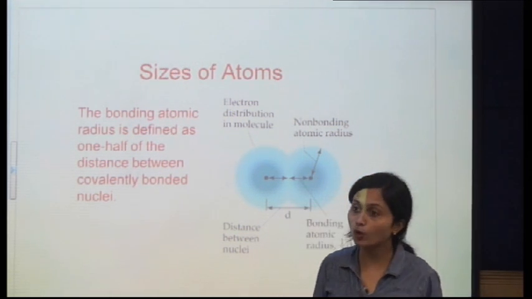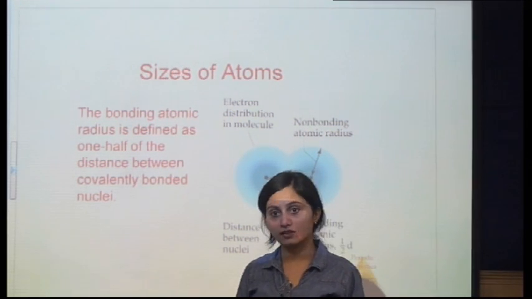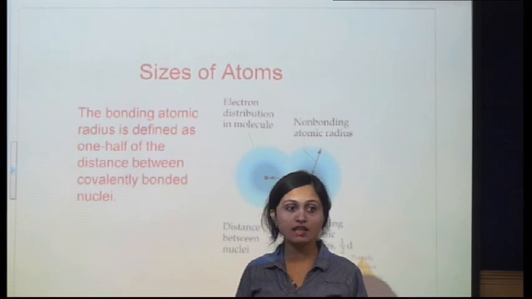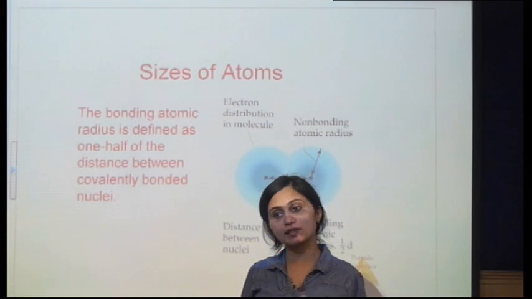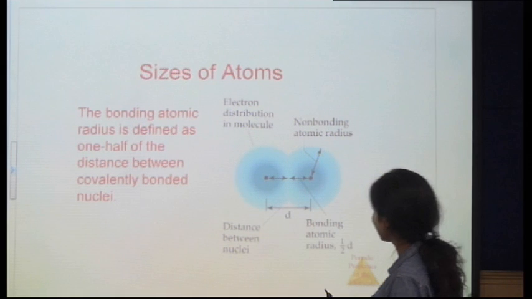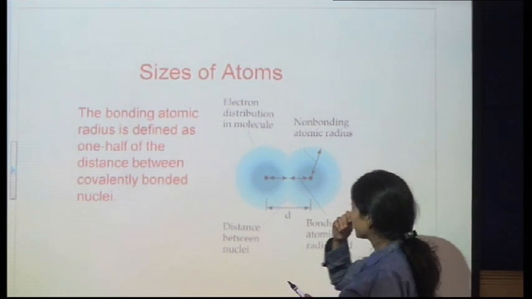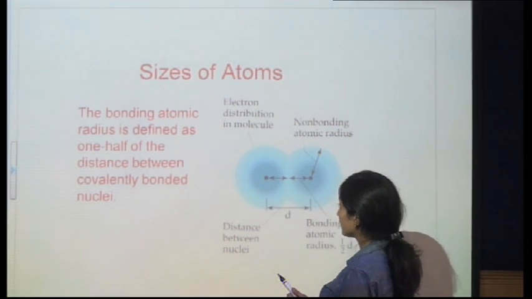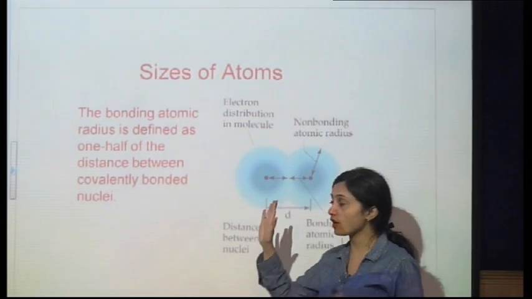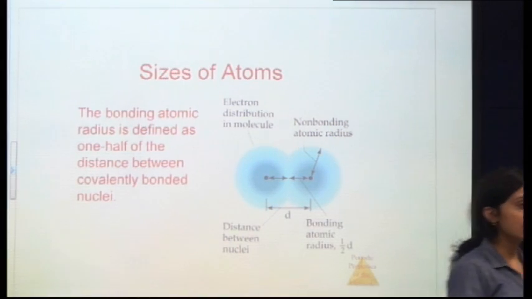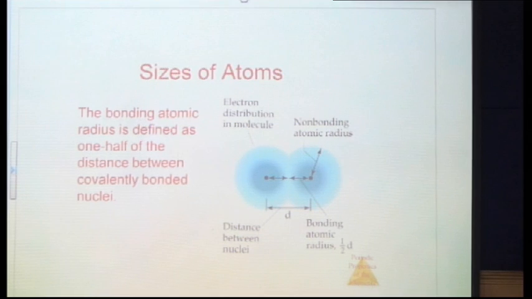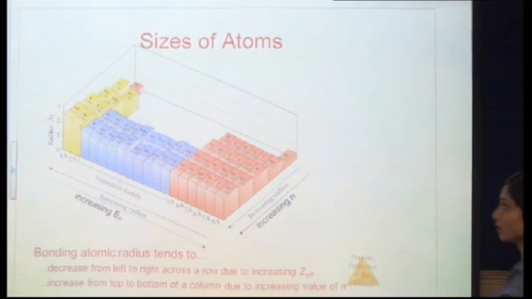What are homonuclear? Yes, when you have the same atom, and heteroatomic cases are the ones when you have different atoms. So here in this case, when you talk about the sizes, remember that the distance will be 1/2 of the distance of the two, just the average of the two. And this is what we are talking about, the general trend.